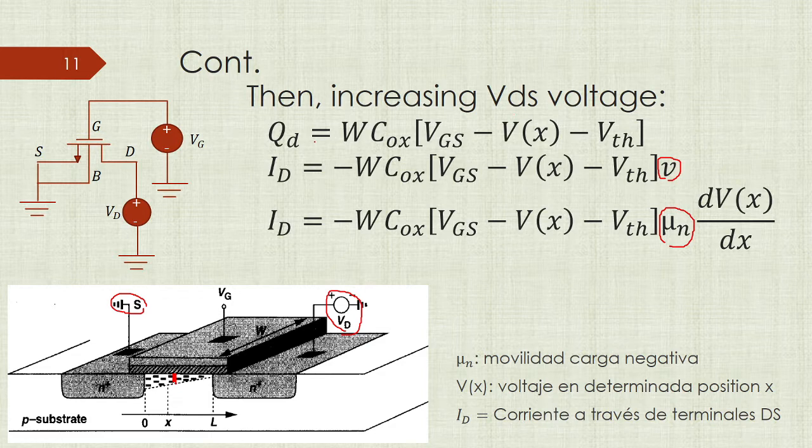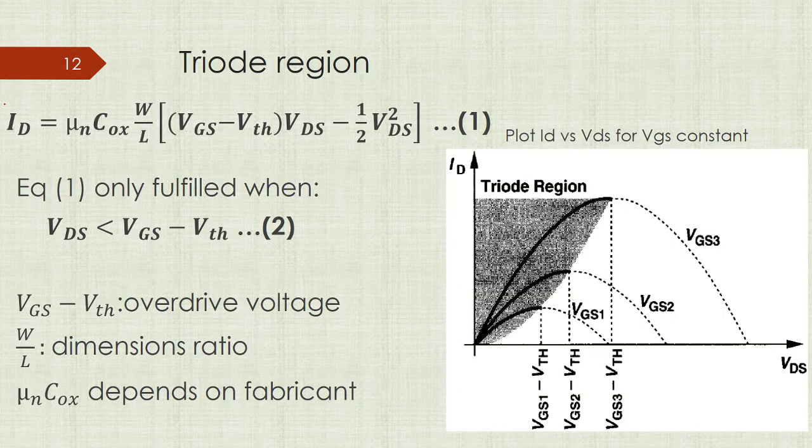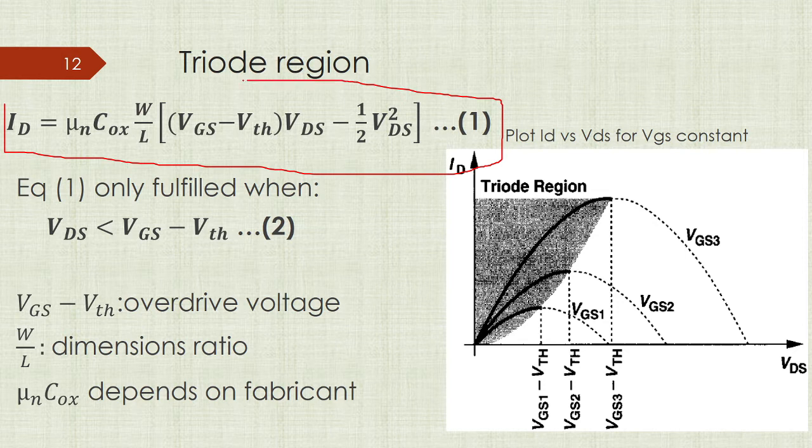If we integrate this equation from 0 to L, and here also from 0 to VDS, this dx moves here, and we have a VdV, so we will have a quadratic function. The result of this integration is this equation. It will be our first equation.